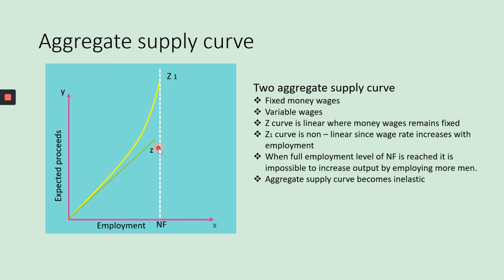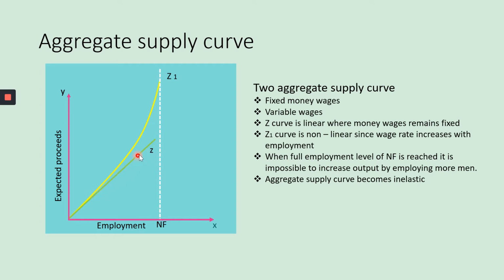So here there are two aggregate supply curves. We have taken two assumptions. One, fixed money wages represented by Z, and the other one is variable. Variable means the wage rate keeps on changing. Z is linear, a straight line, where money wages remain fixed.